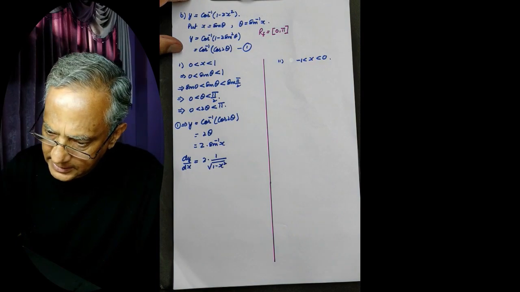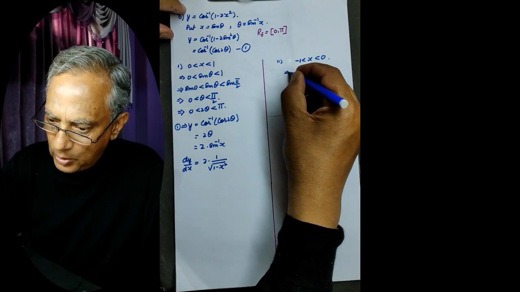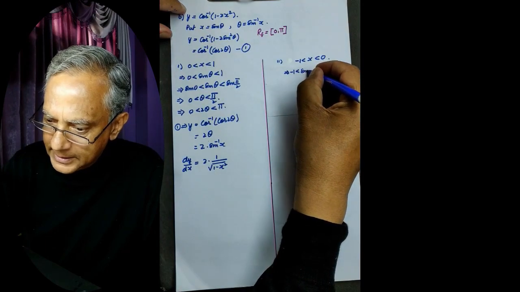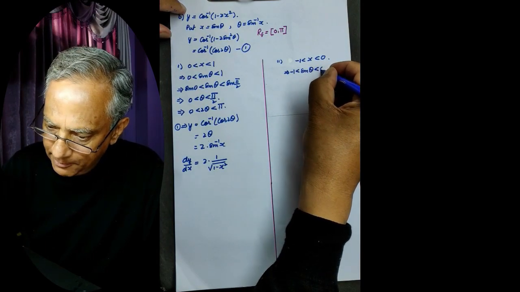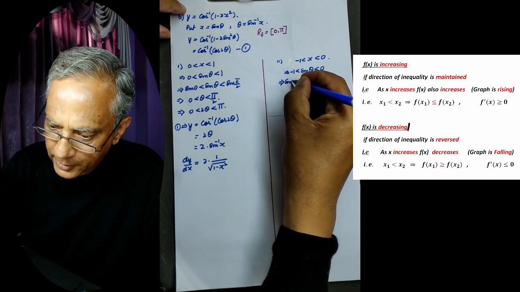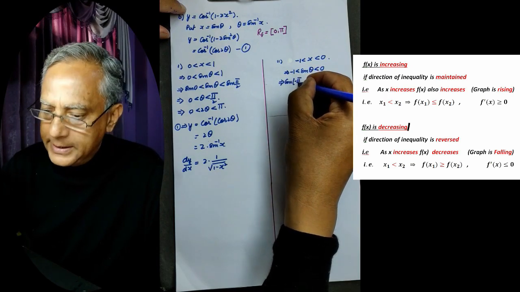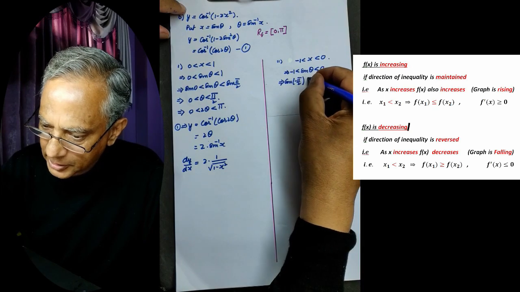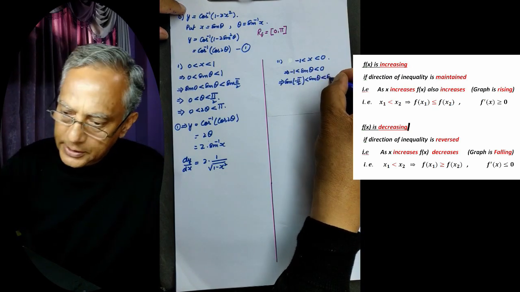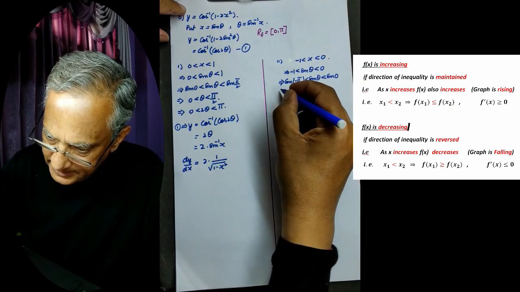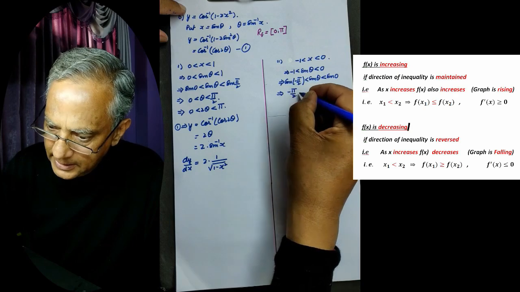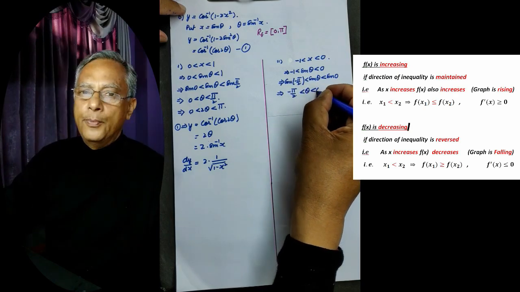And in this case, minus 1 is less than sine theta is less than 0. And this implies sine of minus pi by 2, which is minus 1, is less than sine theta is less than sine of 0, which is 0. And this implies minus pi by 2 is less than theta is less than 0.